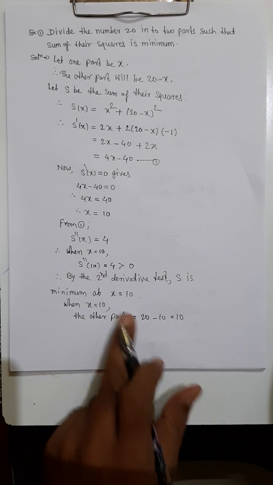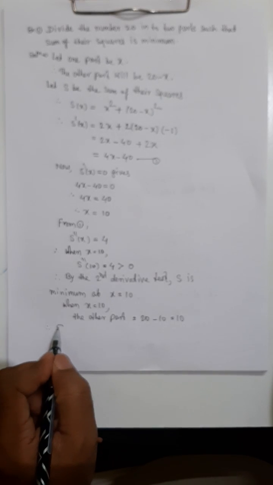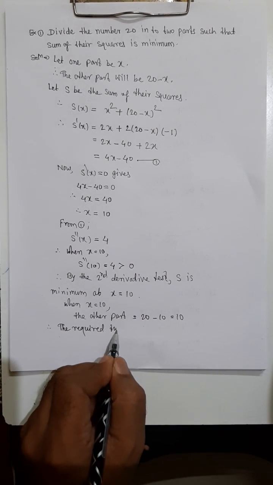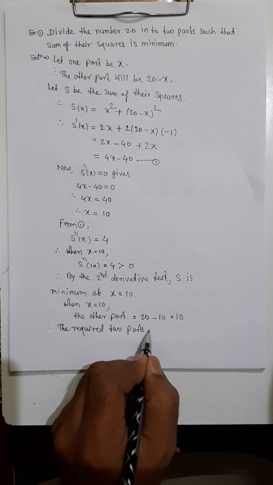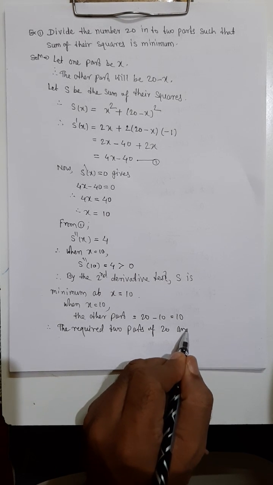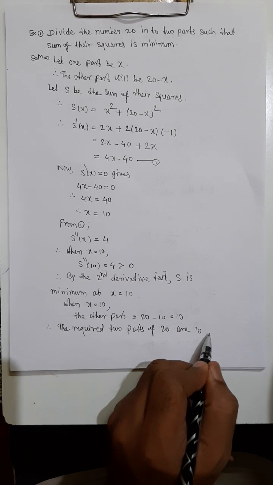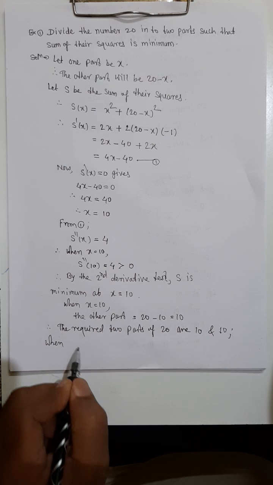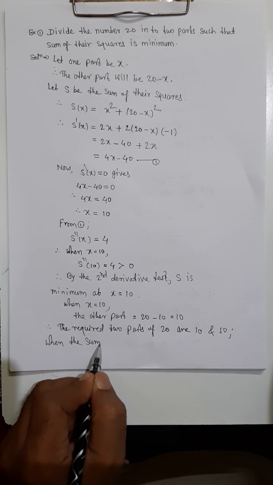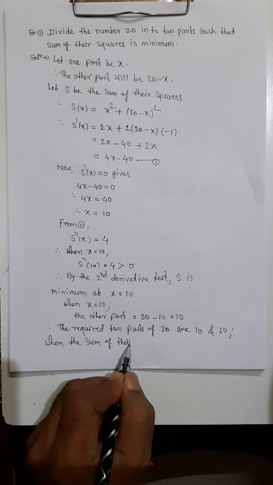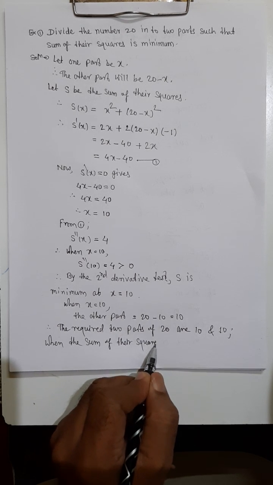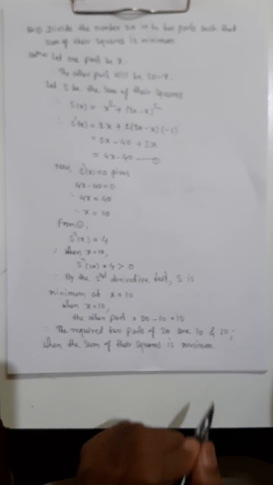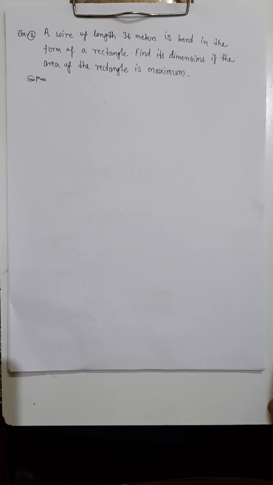We also get the other part 10, first part 10, and therefore the required two parts of 20 are 10 and 10 when the sum of their squares is minimum, and the solution is completed. Let us continue.